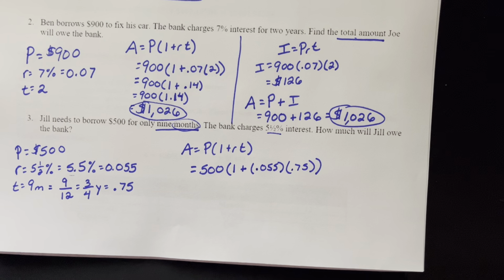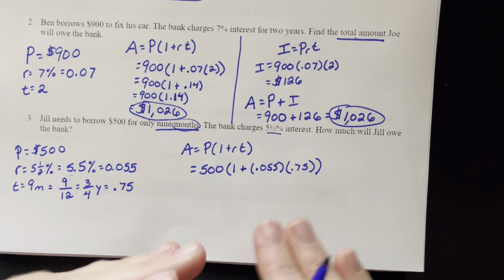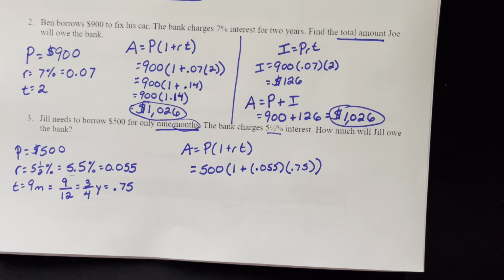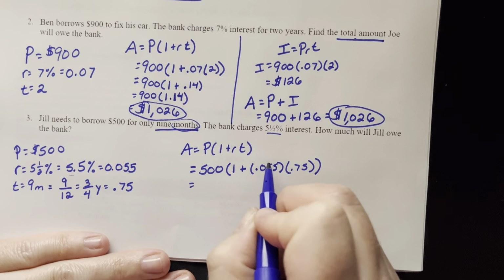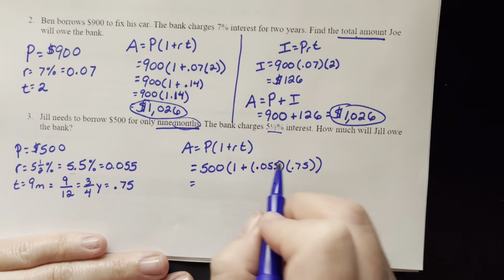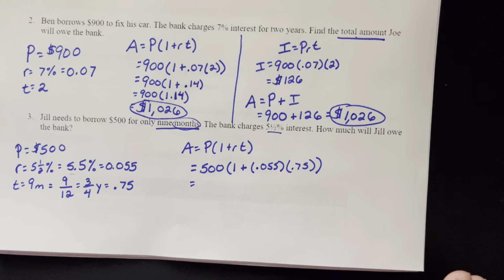And again, be careful with parentheses, or just do the steps separately before you pop it all into your calculator. So the first thing we need to do is the rate times the time, because multiplication comes first in the order of operations, within the parentheses anyway.